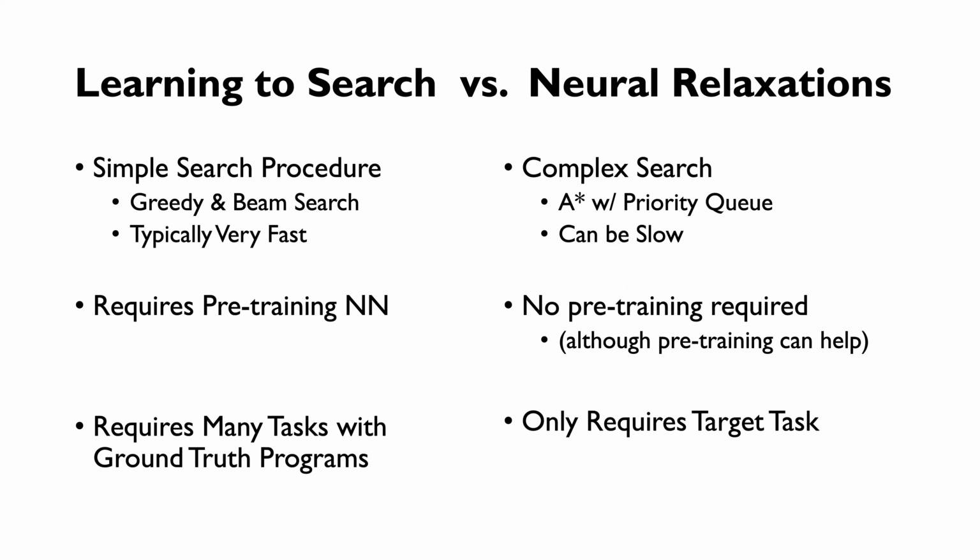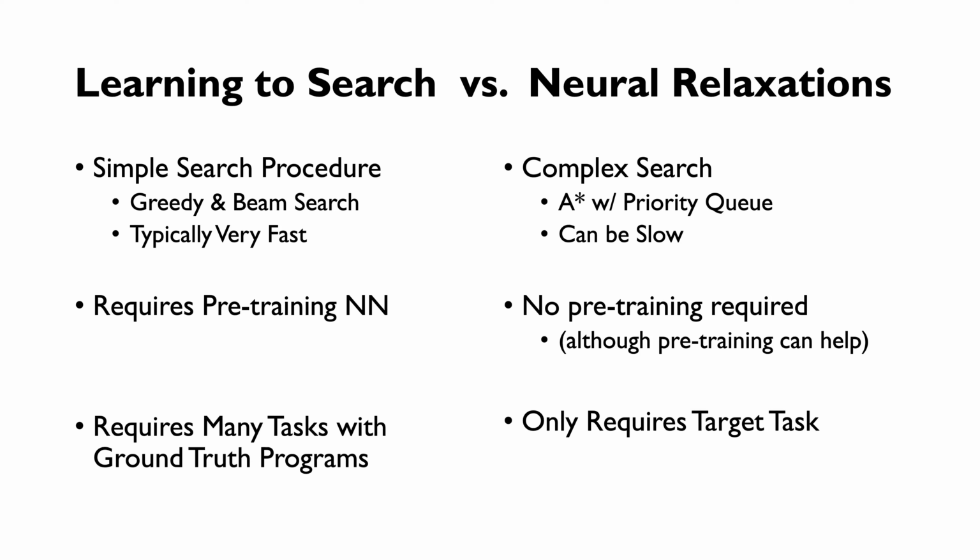And so just a comparison summary. In terms of learning to search, at the end of the day, when you're doing synthesis, you have a very simple search procedure, relatively speaking. You just do greedy or beam search, and it's typically very fast. For things like neural relaxations, you're using more informed search algorithms, which do some backtracking and can be slower. Learning to search requires having a large training set for which you can pre-train this neural network to guide your search process at synthesis time.